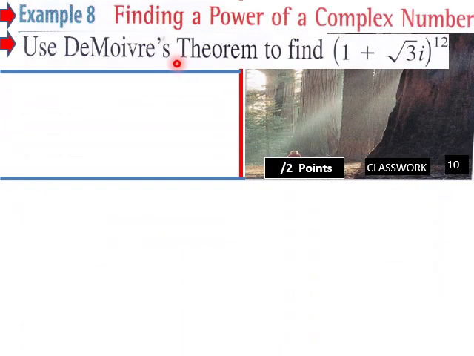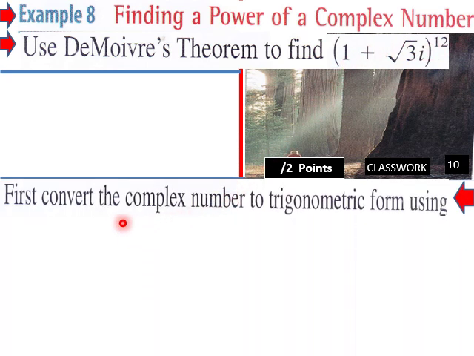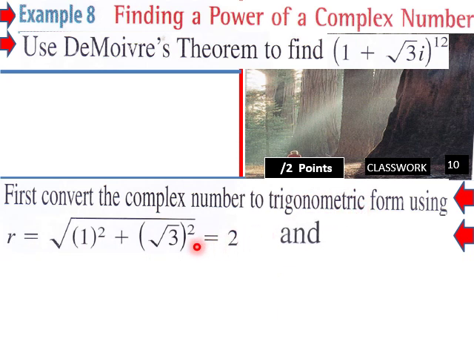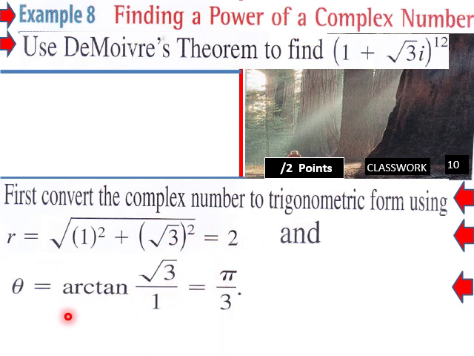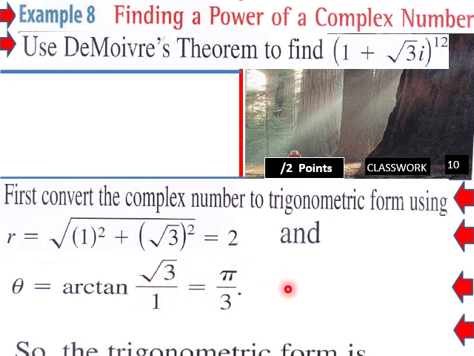Example 8, finding the power of a complex number. Use de Moivre's theorem to find (1 plus radical 3 i) to the 12th power. First convert the complex number to trigonometric form using r equals the radical of 1 squared plus radical 3 squared, which equals 2, and theta equals arctan of radical 3 over 1, which is pi over 3.